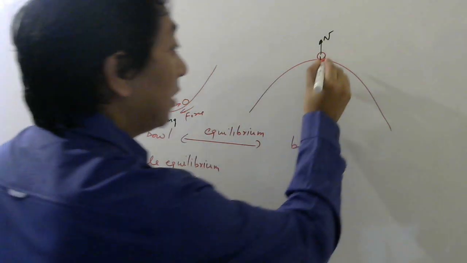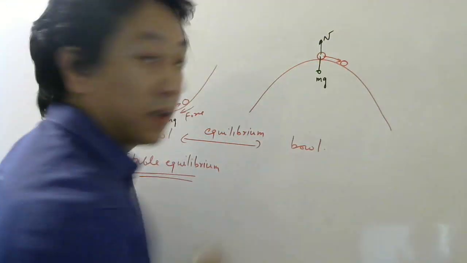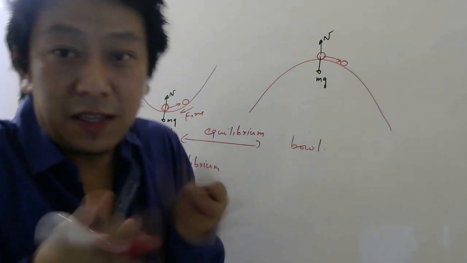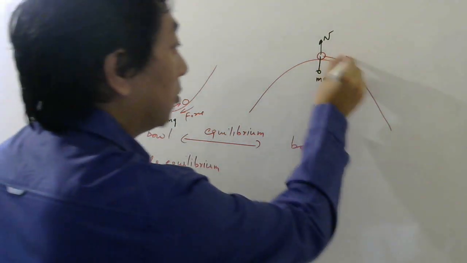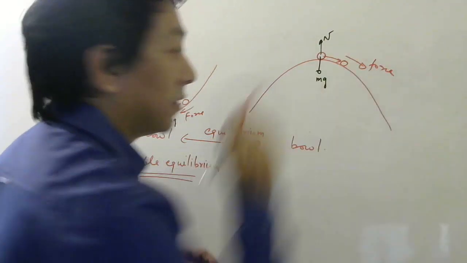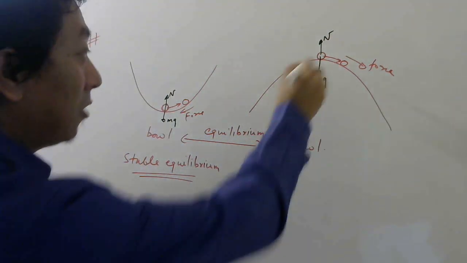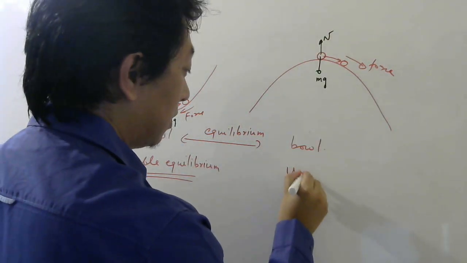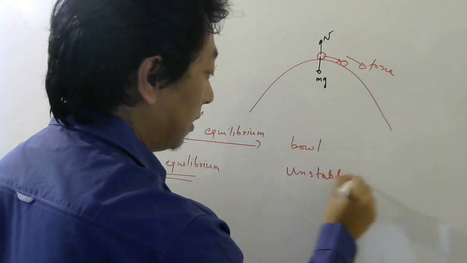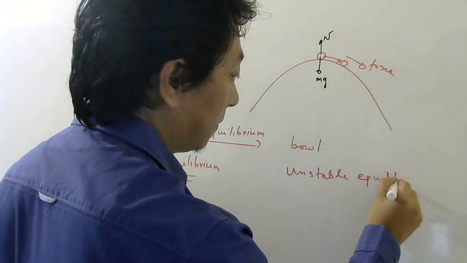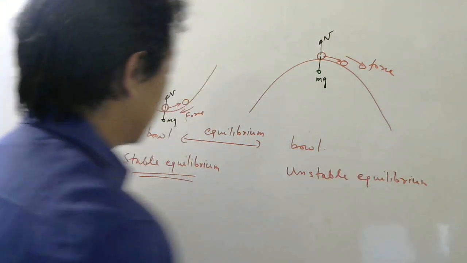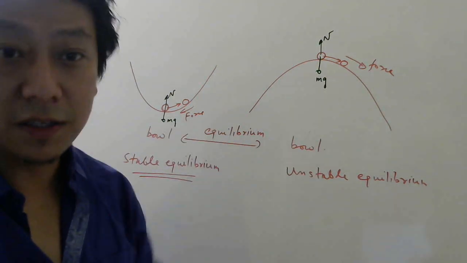But here, if you slightly displace the bob and then you leave it, what will happen? It will feel a force in this direction only. It just keeps going like that. So this kind of equilibrium is called unstable equilibrium. Keep this in mind: this is stable equilibrium, this is unstable equilibrium.